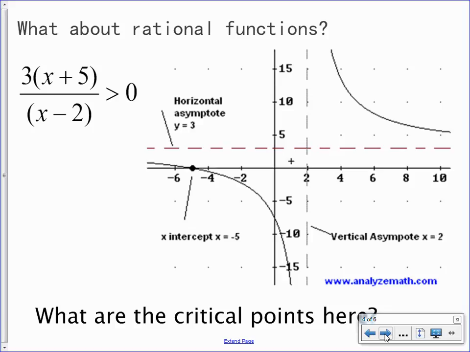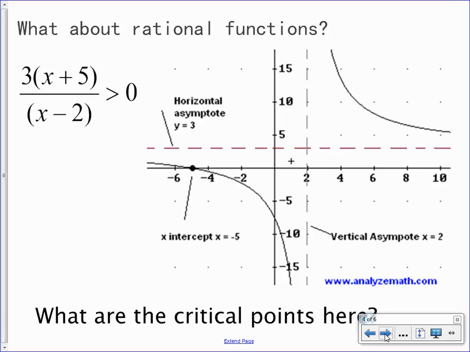Would 0 still be critical? Okay. Is there anything else we would need to consider? Our asymptotes, okay? X can't be 2 in the denominator, and so we have an asymptote here at x equals 2. And you'll notice that sometimes we have different behaviors on either side of our vertical asymptote.